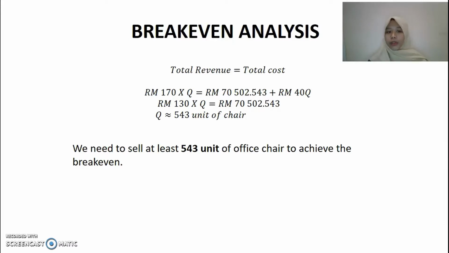So we need to sell at least 543 units of chair to achieve the break-even point. The profit that we gain after selling beyond 543 chairs will be considered as profit. That's all from me.